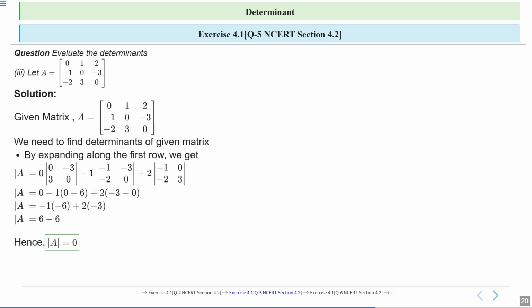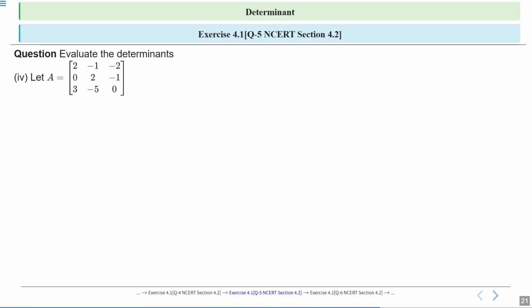So determinant of A is 0. Now we have a matrix 2, minus 1, minus 2, 0, 2, minus 1, 3, minus 5, 0. So calculate.